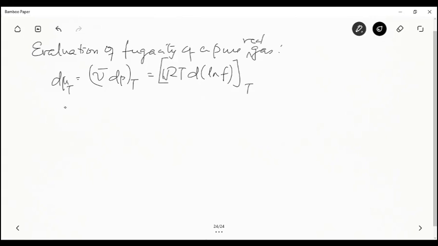So this integration, we'll just leave the d mu T out as of now and look at only these two parts.